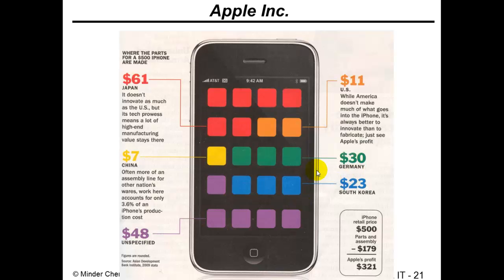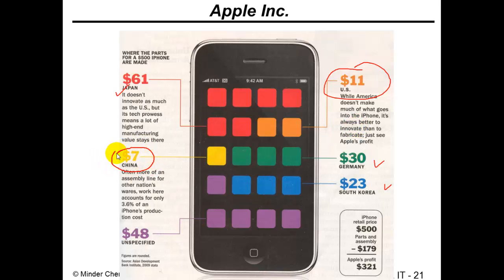And using Apple's iPhone as an example, this is probably for iPhone 1 or 2. You find that the iPhone uses products from different countries: Japan, Germany, South Korea, particularly maybe Samsung, and some parts from the US.